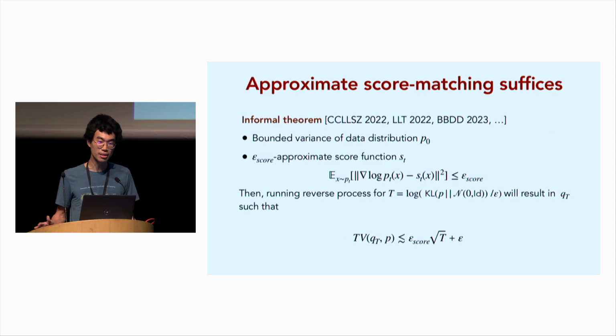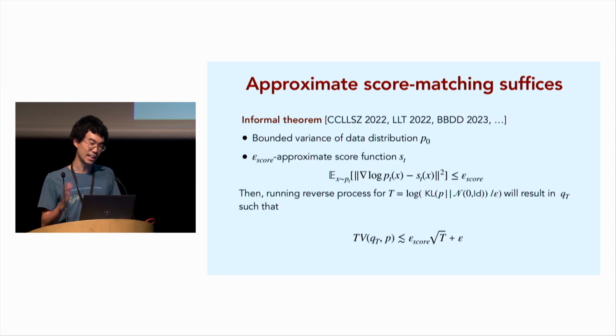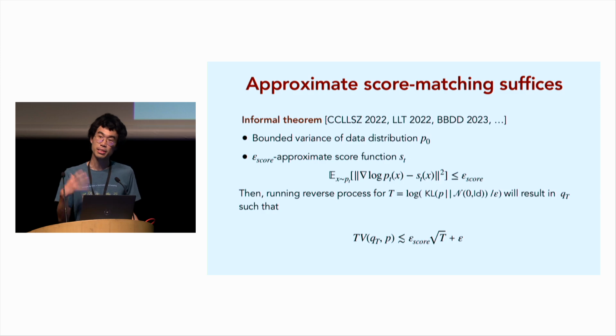All this can be encapsulated by a long line of theory work that says that as long as you can solve the score matching problem, then you can learn to generate new samples from the distribution.